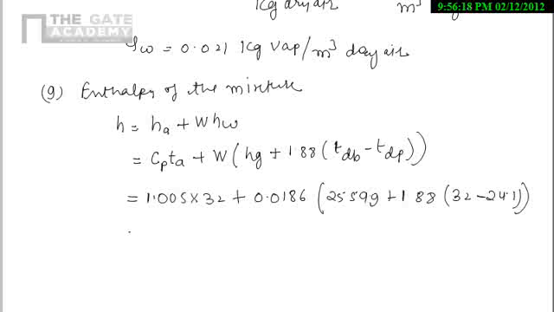So now if we calculate this, it is coming 80.55 kilojoule per kg of dry air. So the enthalpy of mixture is 80.55 kilojoule per kg of dry air.